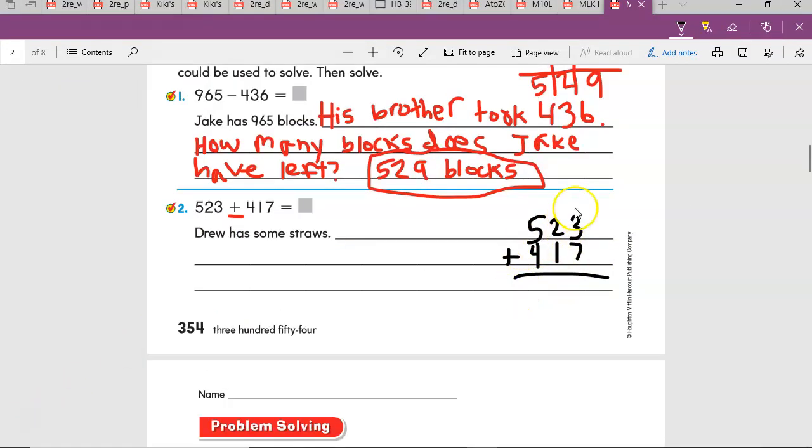Okay, who wants to share the problem they wrote? What's your word problem? Destin. Okay, so Drew has some straws. Her mom gives her 417 blue straws. Does that make sense? No. Let's try again though.